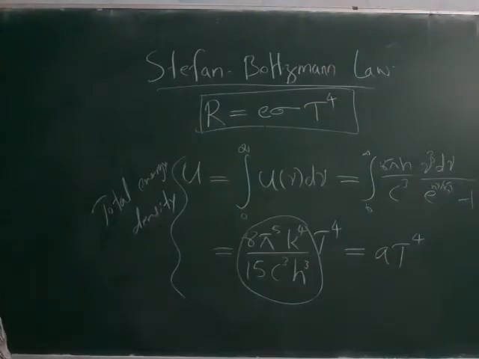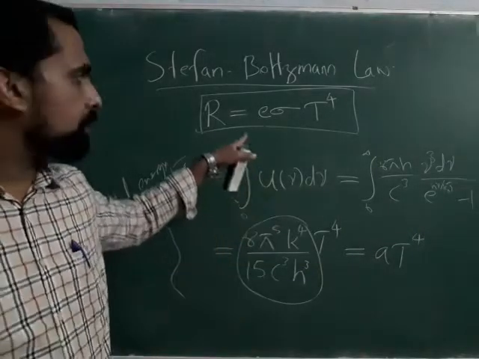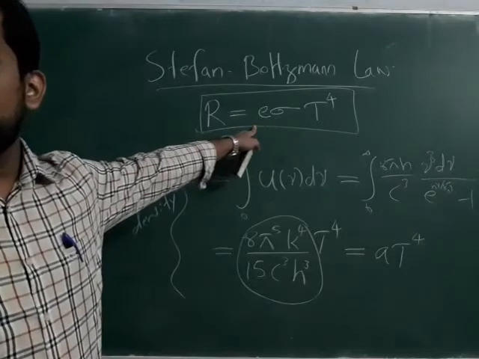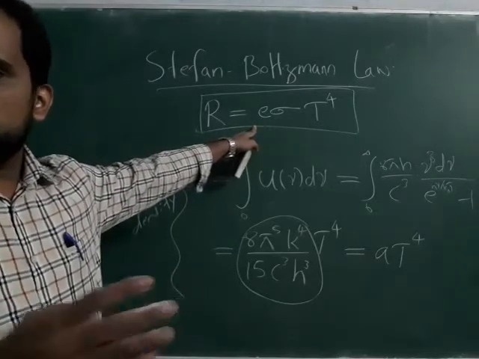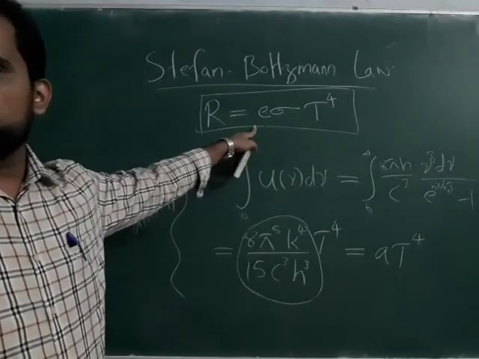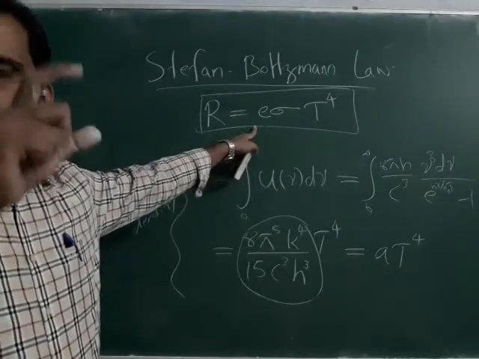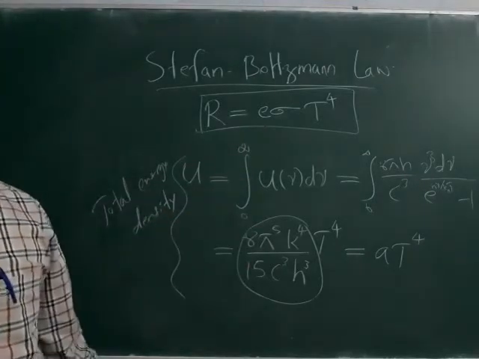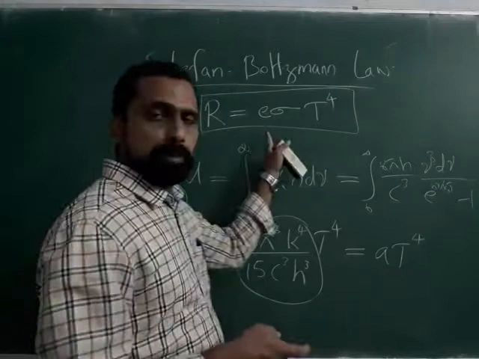Okay, so this emissivity depends on the nature of the radiating surface, and it takes values from 0 to 1. 0 is for a perfect reflecting object and 1 is for a black body.